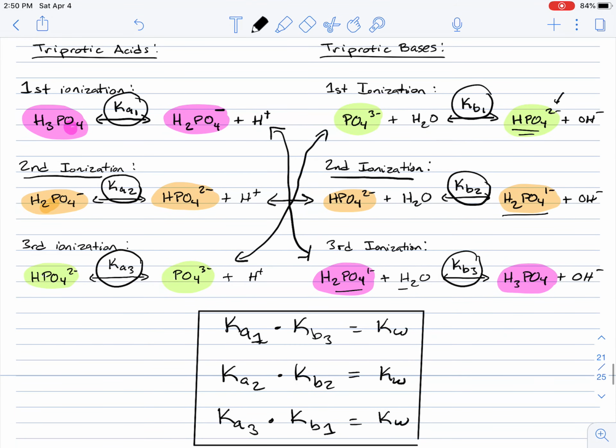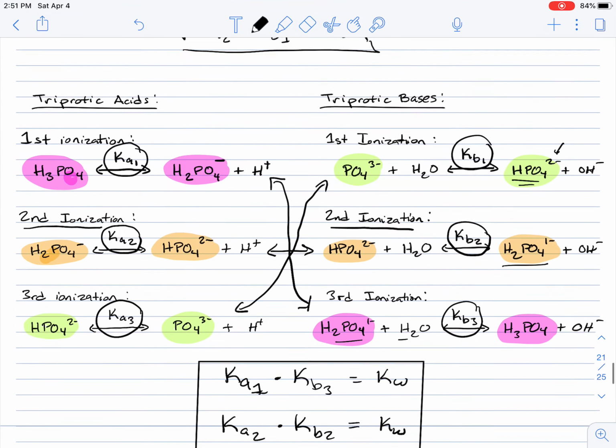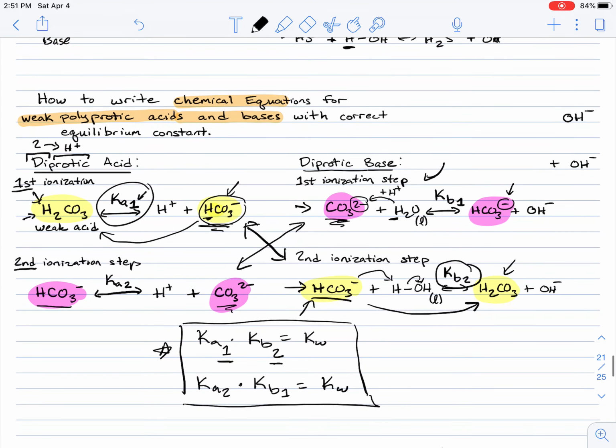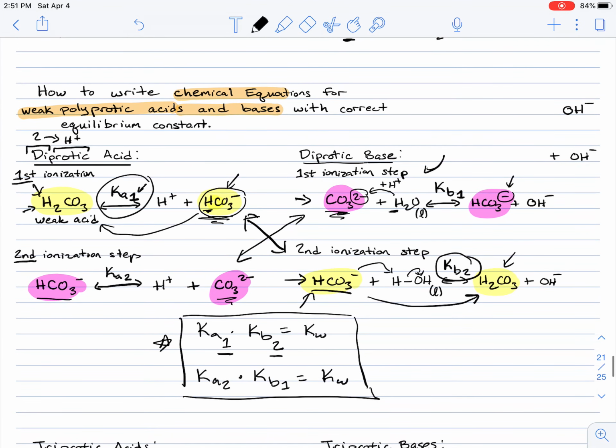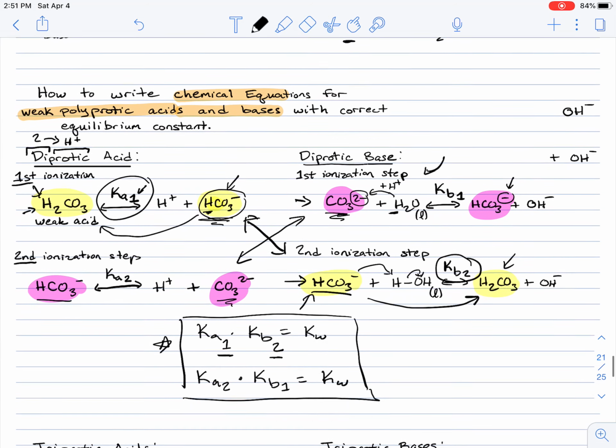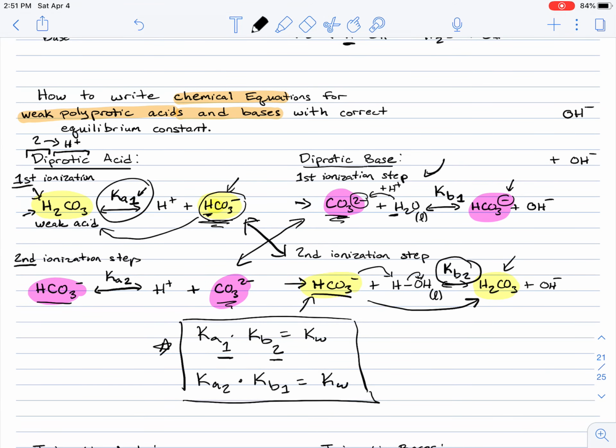All right, so hopefully you guys understand the relationship between the Ka values and the Kb values for triprotic acids and bases. Hopefully you guys understand the relationship between the Ka values for diprotic acids and diprotic bases.